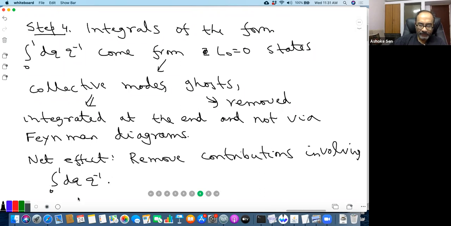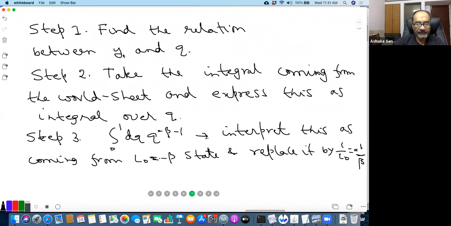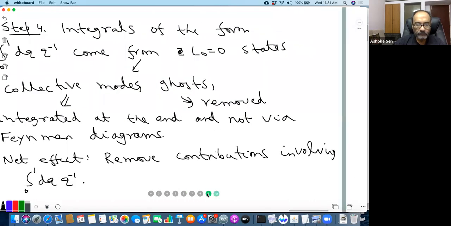And you have seen what they do. So this is the procedure that we are going to follow. And we are going to start with step 1, namely find the relationship between Y and Q. And I'll describe how exactly to do that.